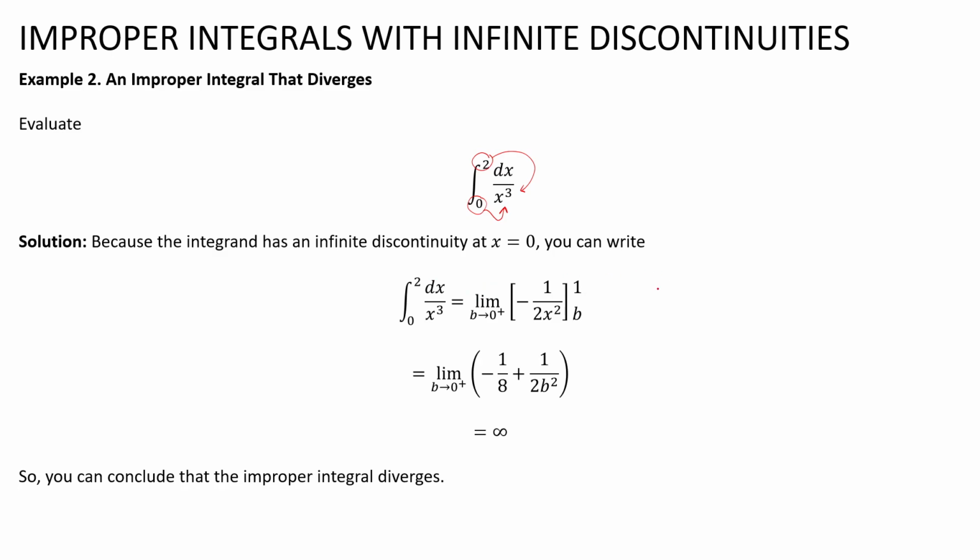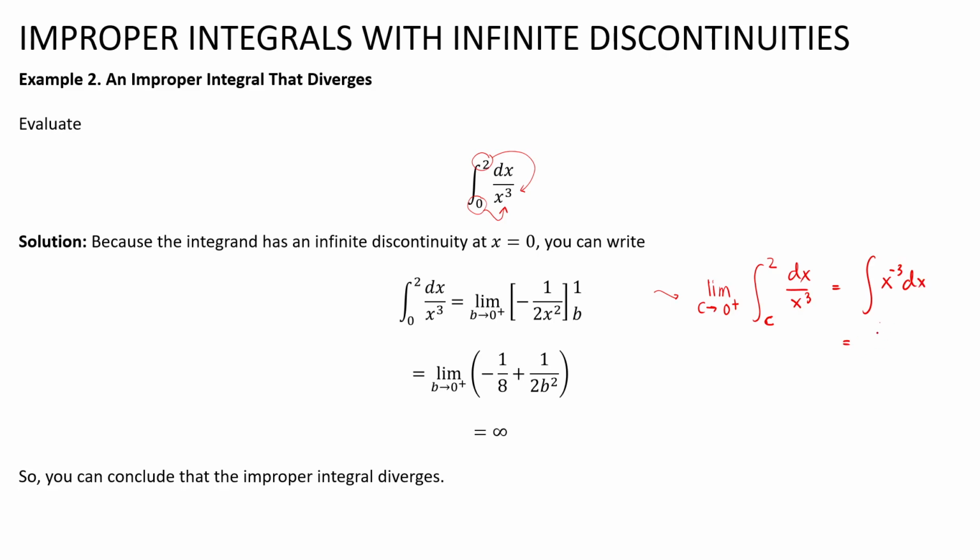So you again apply the formula, limit of c approaches 0 plus, 0 on the right hand side, then the integral from c going to 2, dx all over x cubed. So this is the integral of x to the power of negative 3 dx.